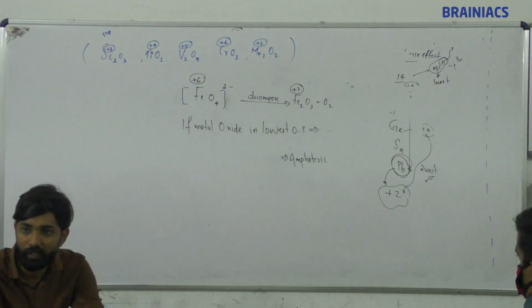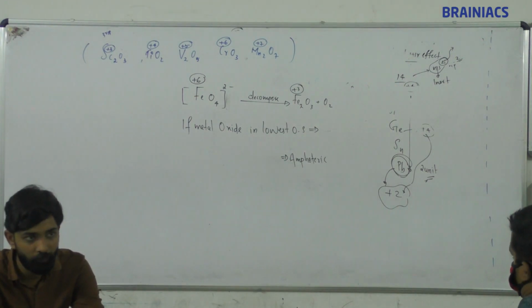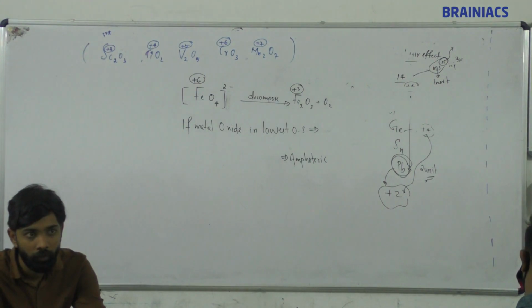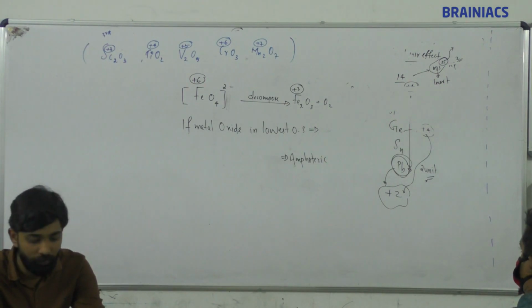Cr2O3 is actually +3, and +3 is the intermediate state of chromium. Mn2O3 is +3; these are all intermediate states of manganese. But Sc2O3 is not amphoteric, because that is the highest oxidation state of scandium.